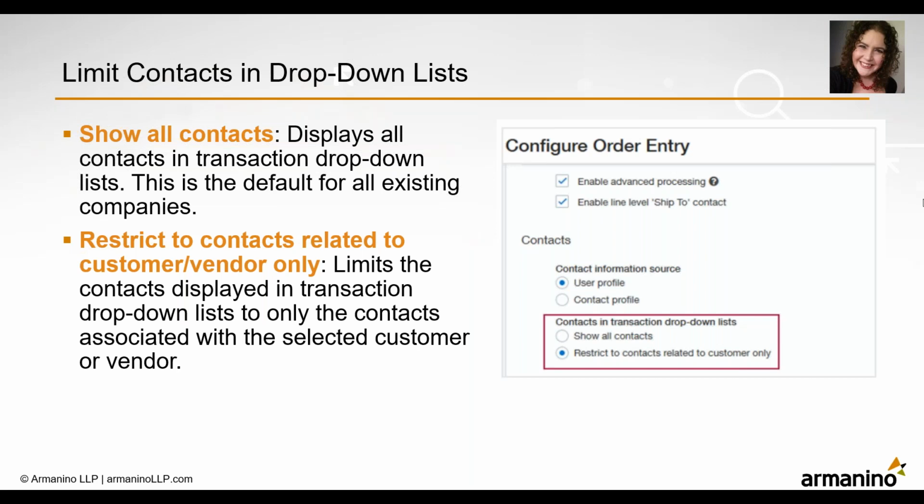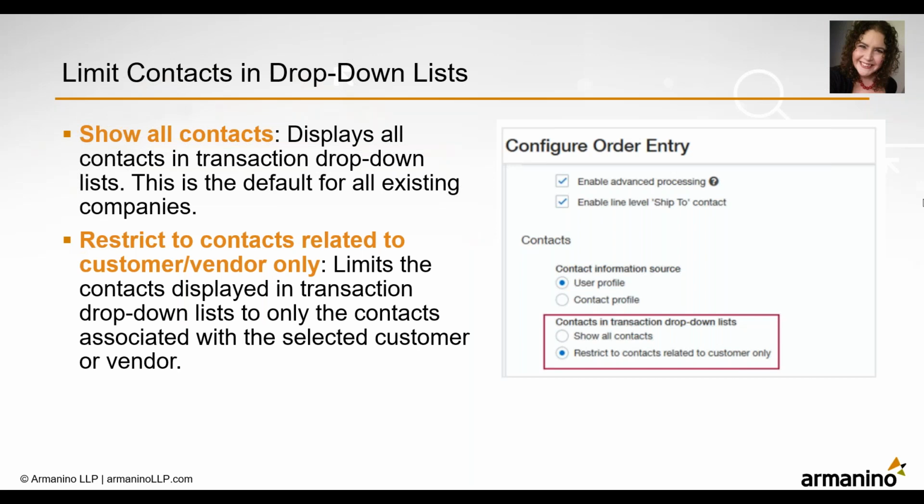However, when you get to the actual screen to enter a bill or an invoice, every contact in the system was available in the bill to, ship to, pay to contact fields. Checking this box now on your configurations will limit that, so you will no longer see every possible contact in the system. You'll see only those contacts related to the customer or vendor.